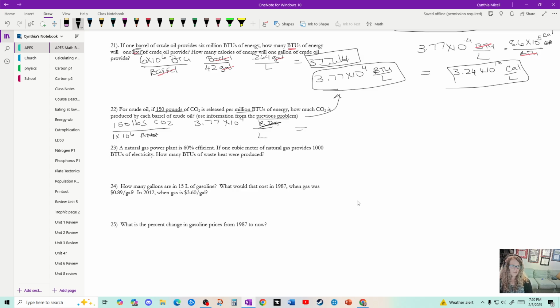And I should get, is it 0.56? Pounds of carbon dioxide per liter.